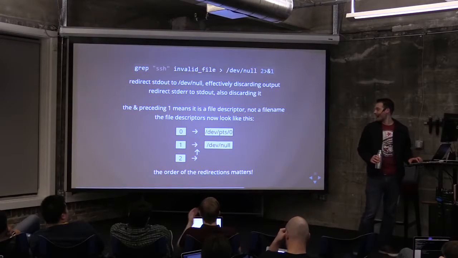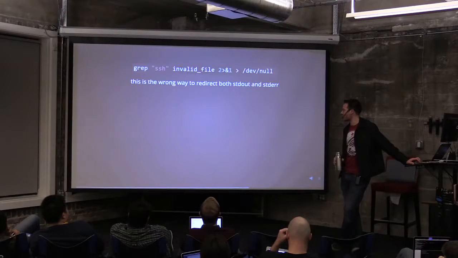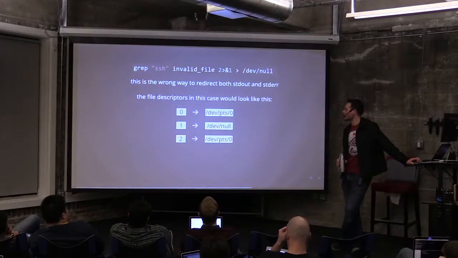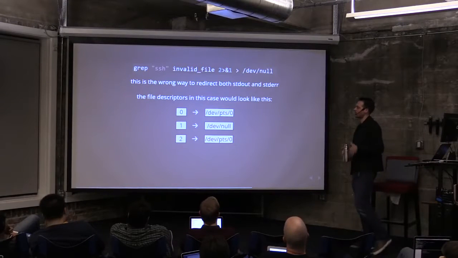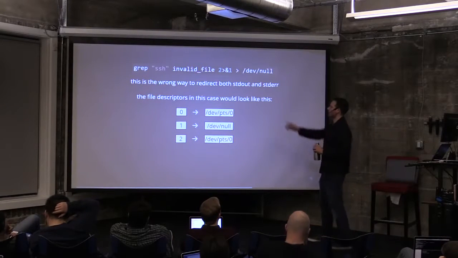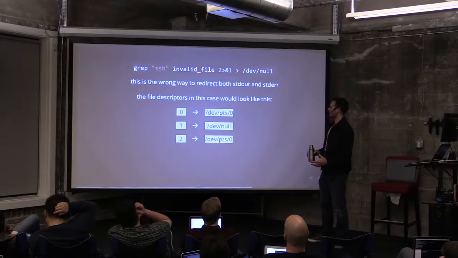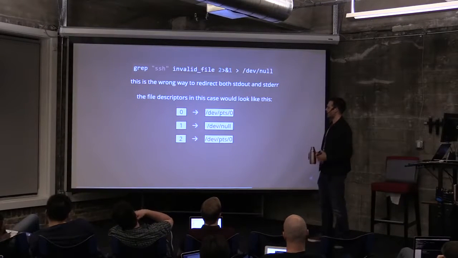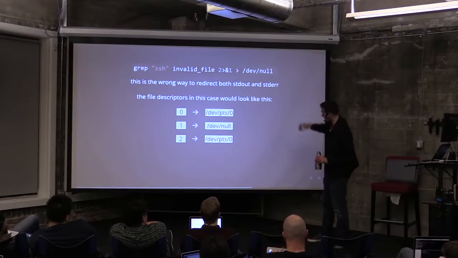The order matters. There is a wrong way to do it, and it's right there. If you ever try this, this is the wrong way to do it. It would not work. First you take standard error and send it to the same place as standard out, that's the 2>&1. But that place is not /dev/null. That place is /dev/pts/0, because it's being processed from left to right.